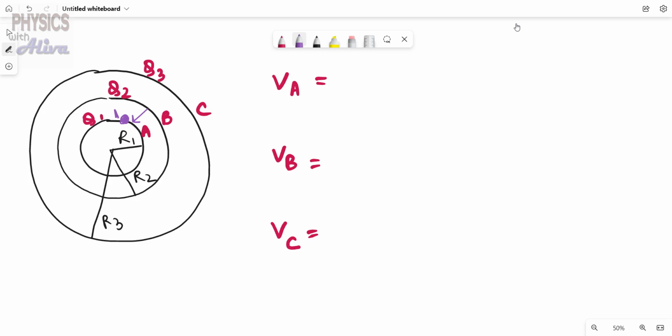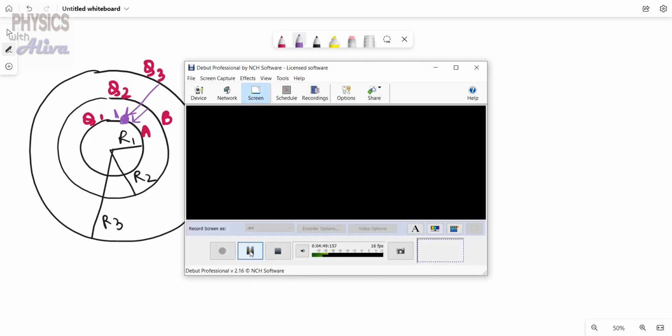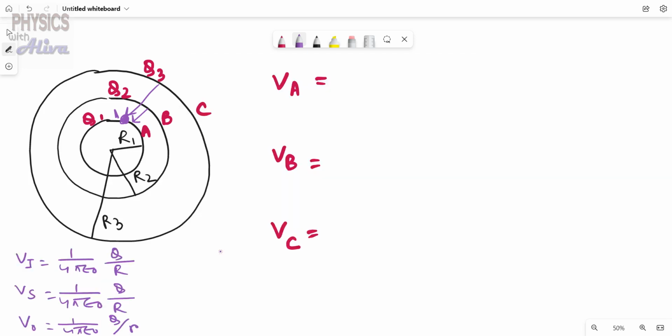For sphere C, this point is also an inside point, right? We have already discussed the potential for the inside point, outside point and surface point. So at first we will consider the term which came from sphere A. For sphere A, it is a surface term, so 1 by 4 pi epsilon naught, Q1 by R1.